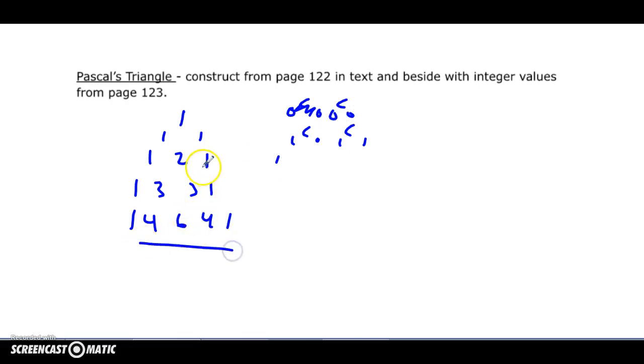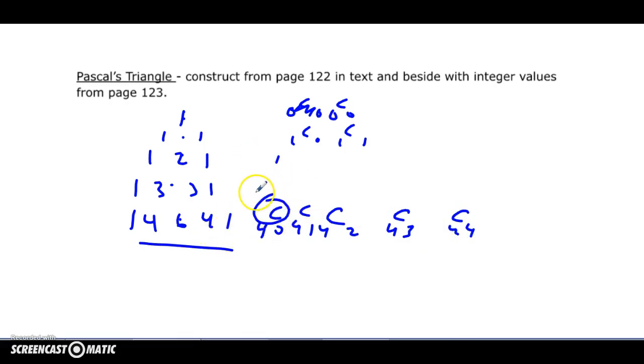So if I go down to row 1, 2, 3, 4, 5, that's C4,0. So that 4 goes with that there. And C4,0 is 1, C4,1 is 4, C4,2 is 6, C4,3 is 4, and C4,4 is 1. And that's how they relate. So combinatorics goes with Pascal's triangle that way.